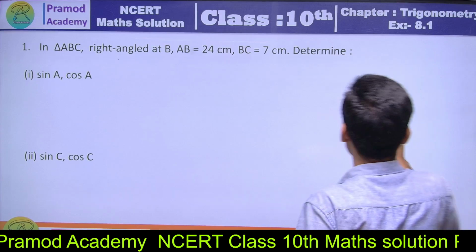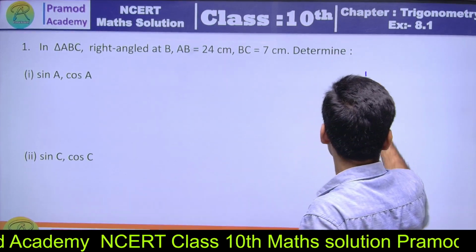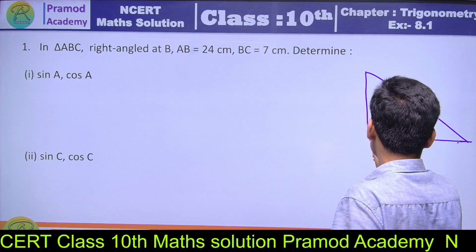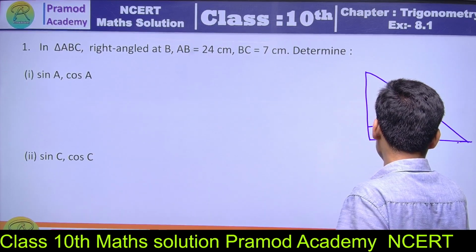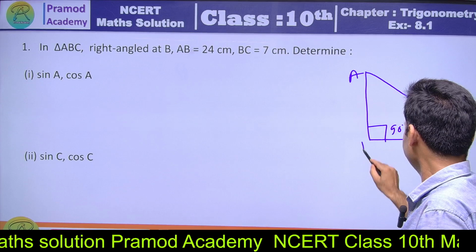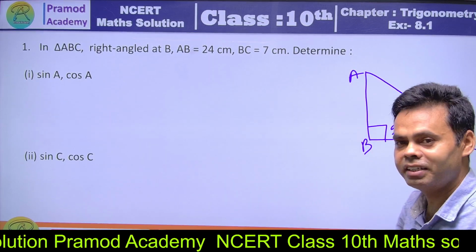In a right angle triangle, a triangle which has one angle of 90 degrees is called a right angle triangle. In a right angle triangle, there are 3 sides.